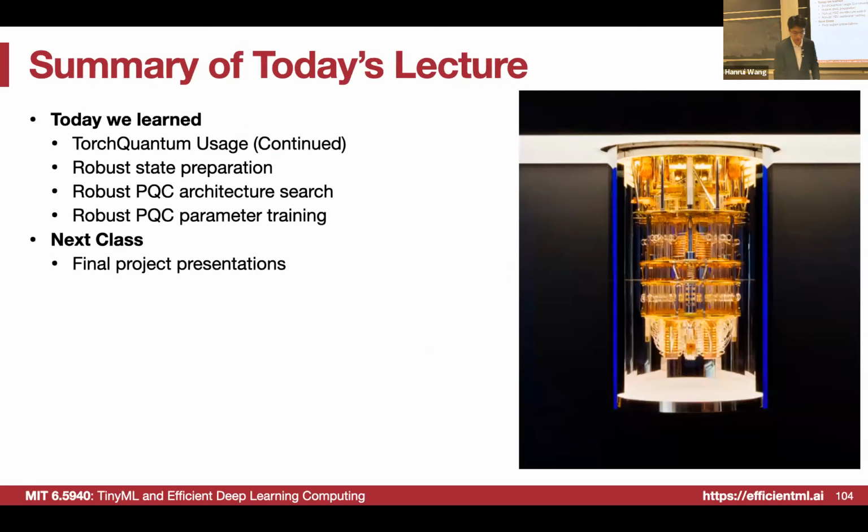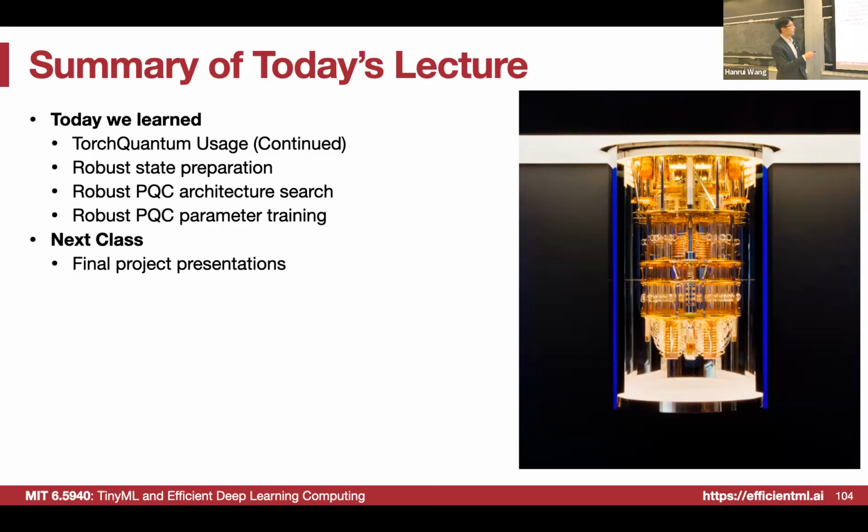Okay, so in that case, I think that concludes our steps of the training process. We introduced how to use TorchQuantum to construct the state preparation, how to construct the trainable circuit, and also do the training. And then we introduced the robust state preparation process and the quantum NAS for the architecture search, along with several other works that perform the search, like using reinforcement learning or differentiable search.